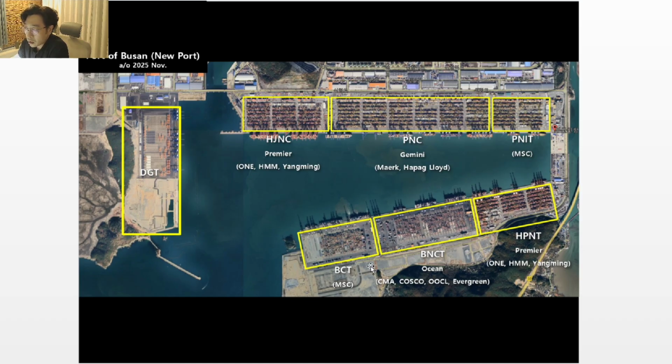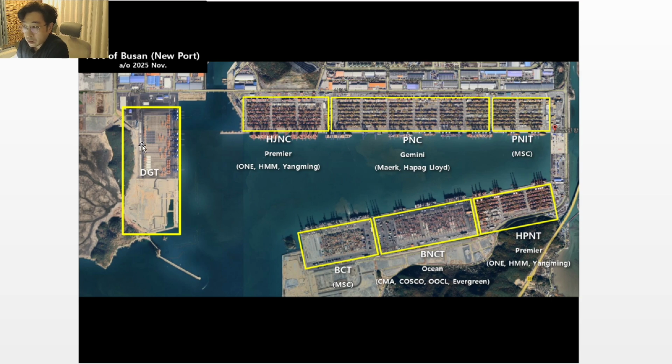And in BCT terminal, MSC is calling. Actually, MSC is calling at two terminals. Technically, we call this split berthing, because they are using PNIT in the northern part and BCT in the southern part.